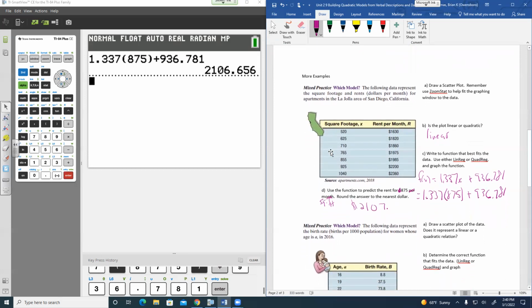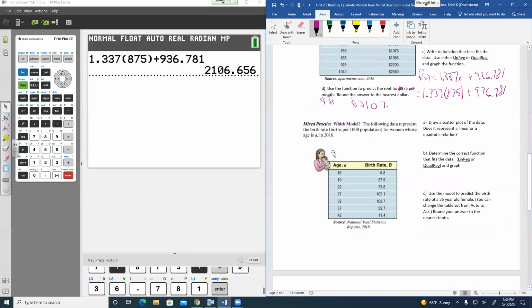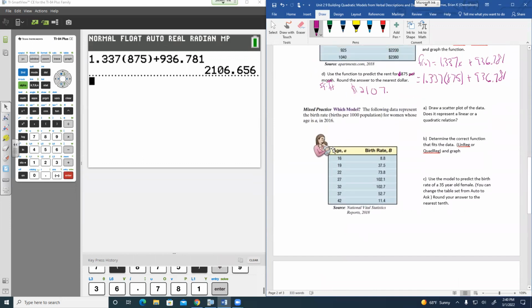So some of the data will not be quadratic, it may be linear or vice versa. Let's do one more example and see where this takes us. The following data represents the birth rate, births per 1,000 population, for women whose age is a, in 2016.